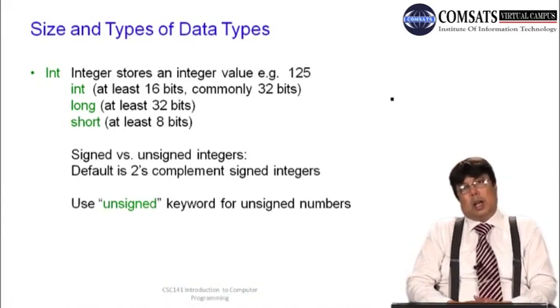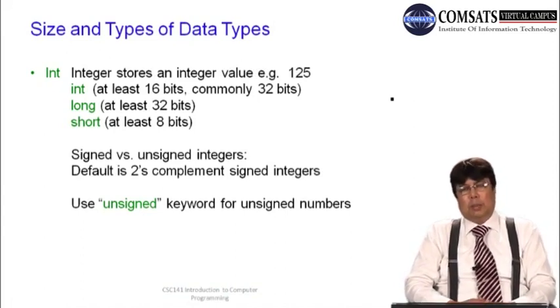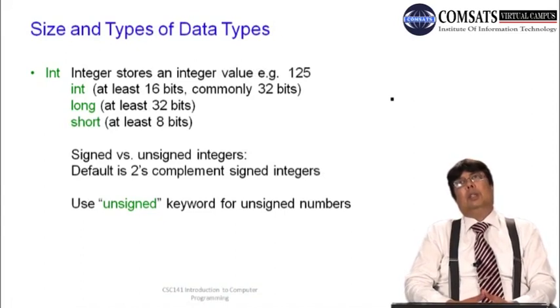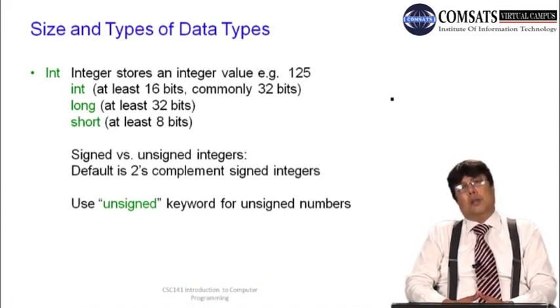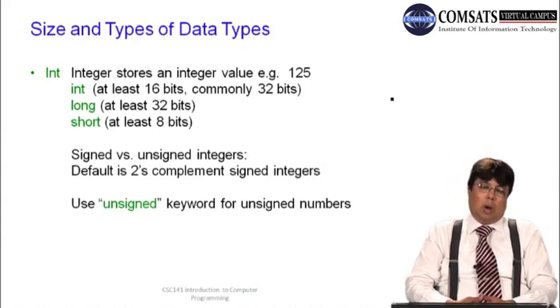Size and type of the data types. With the development of the computers, with the development of the hardware, you are getting more powerful computers. So the definition of int, long, short also changes.